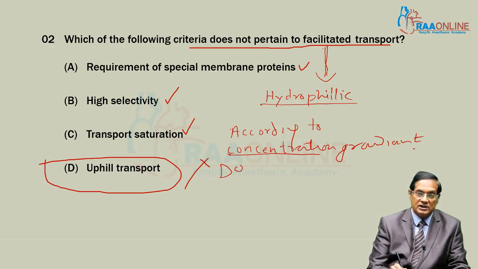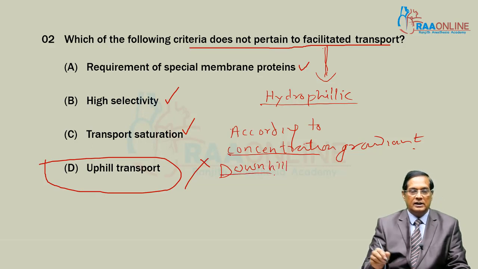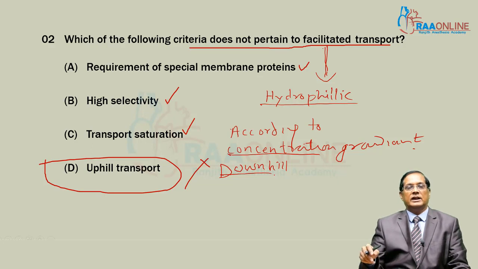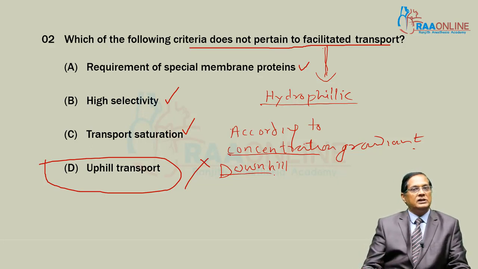If it is against the concentration gradient, then we can say it is uphill, and in that case energy is required and ATP serves as the energy source. So active transport is uphill transport, whereas facilitated transport and simple diffusion both are downhill.